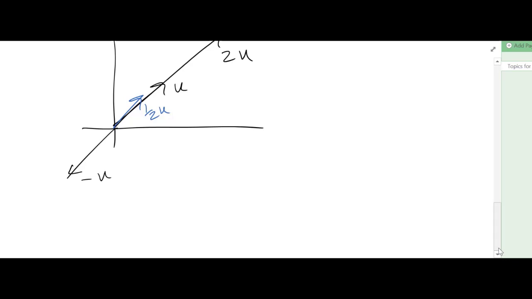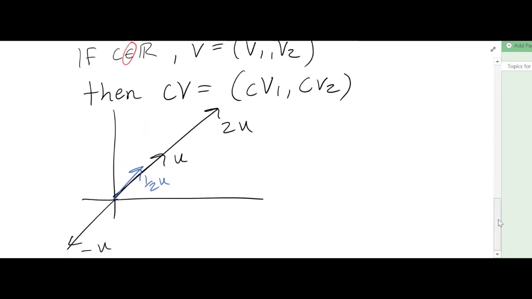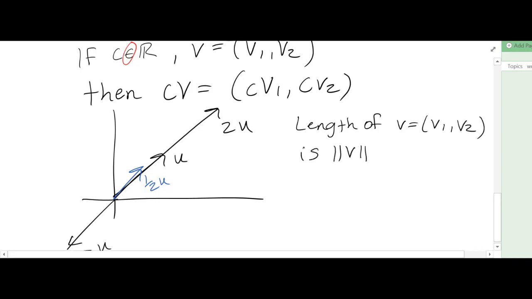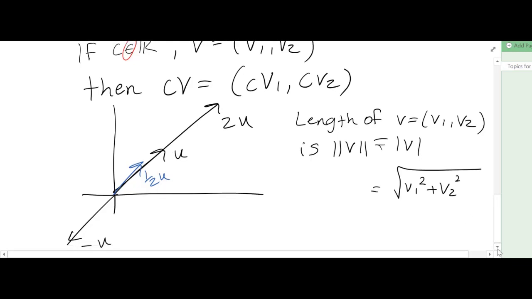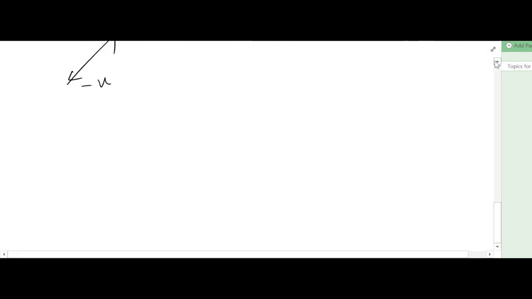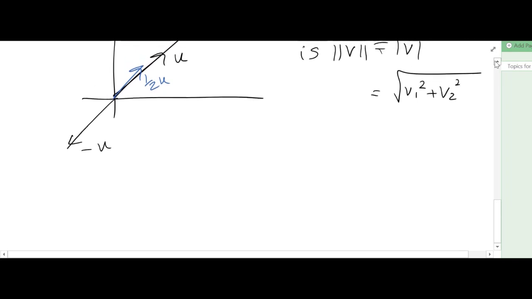We define the length of a vector. So the length of v equals v1, v2 is, you denote it with that symbol or just that symbol, either one. It's the square root of v1 squared plus v2 squared. Obviously, if your vector has 3 components, then it's the same thing.